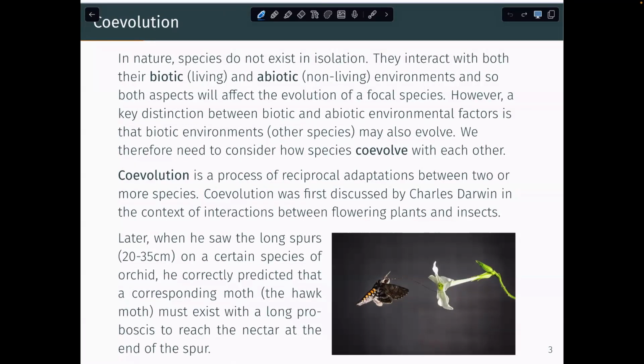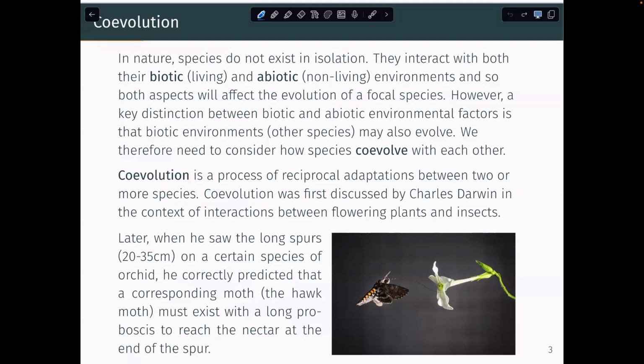So you can think of a biotic environment as everything else that it's interacting with that is living. And the key difference between a biotic and an abiotic environment is that biotic environments are themselves going to be subject to natural selection, genetic drift, other processes of evolution. Okay, so those biotic environments themselves can evolve. And if those biotic environments evolve, we would expect there to be a feedback loop, right?